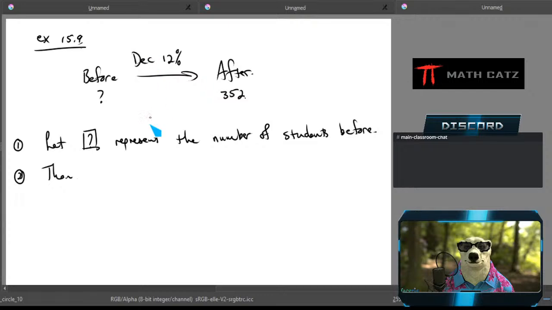So it's a decrease of 12%, which means I'm going to go down from the base by the decimal version of 12%, which is 0.12. Down from 1 will be 0.88 multiplied by the initial amount, which I can represent, and I get 352.